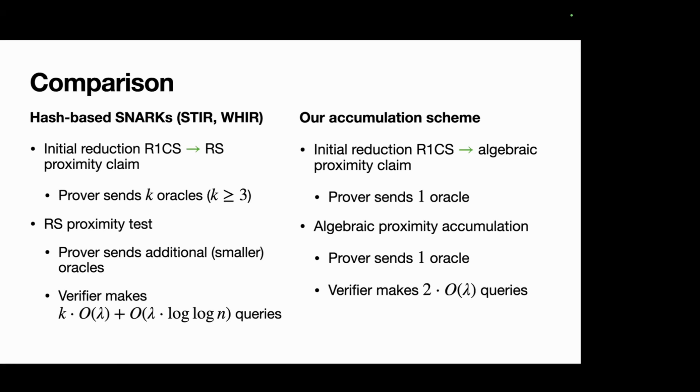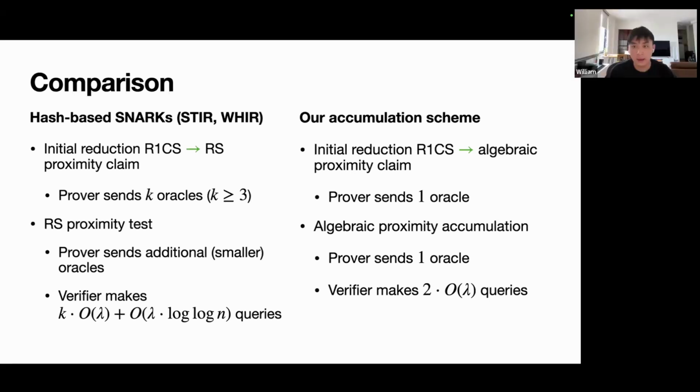I see. So essentially, if K is larger than 3, you still think the rightmost scheme is the most efficient one. Yeah, I would say that if you were to just use the intermediate solution, you would get some savings.